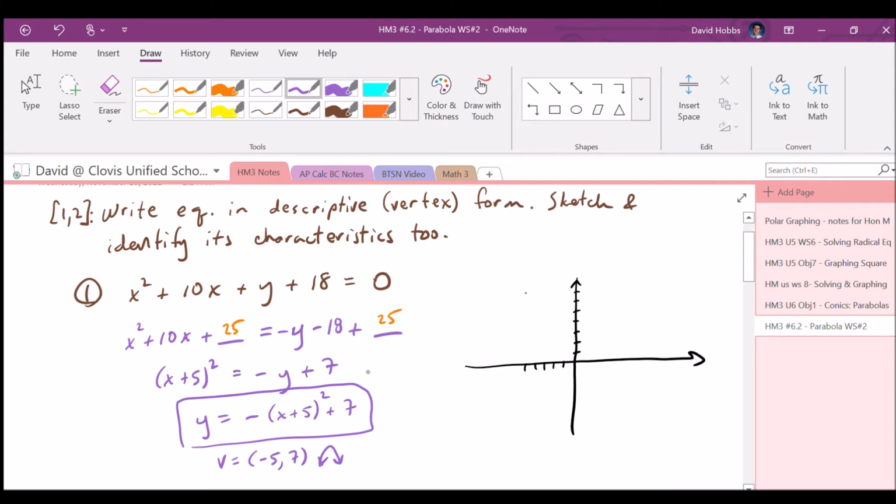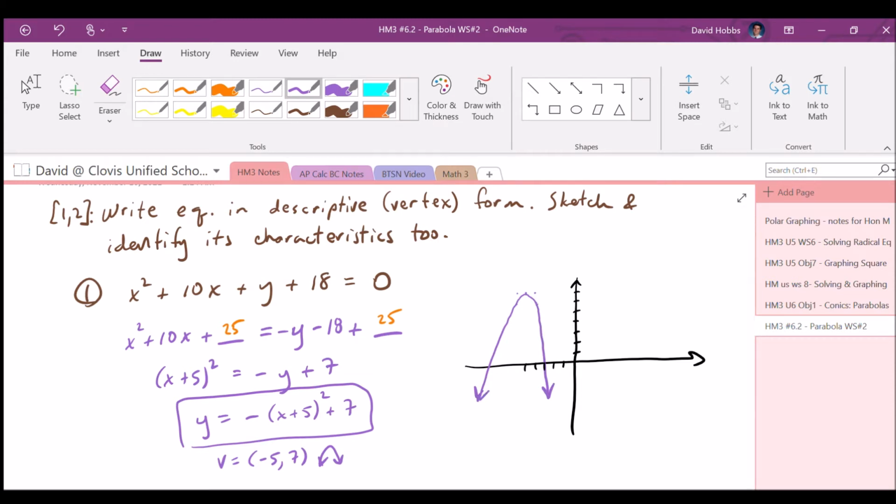If I went one point to either side, I'm going down, so one point to the left and one point to the right. My a value is negative 1, so down 1. And there is the sketch of my parabola.